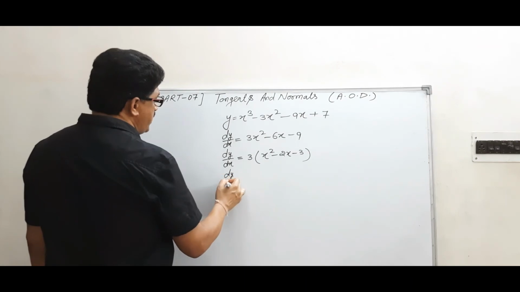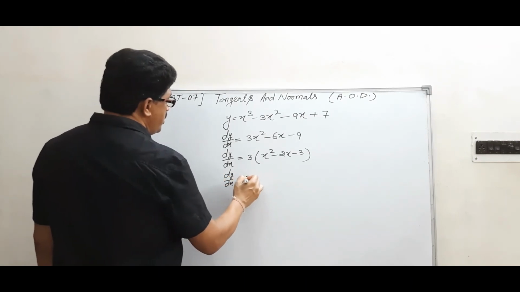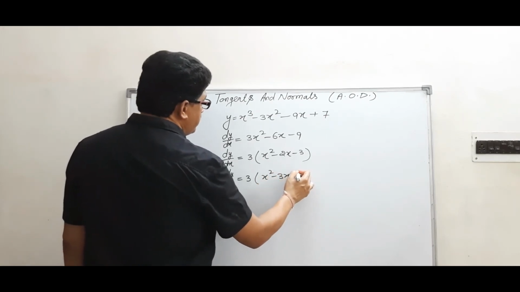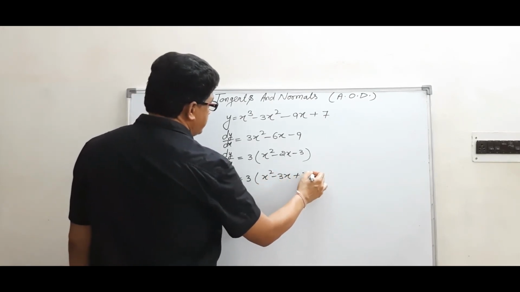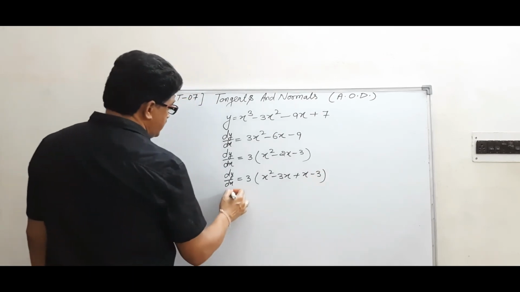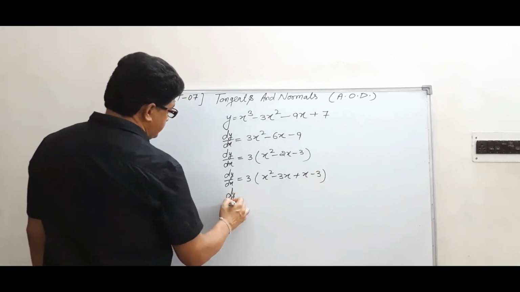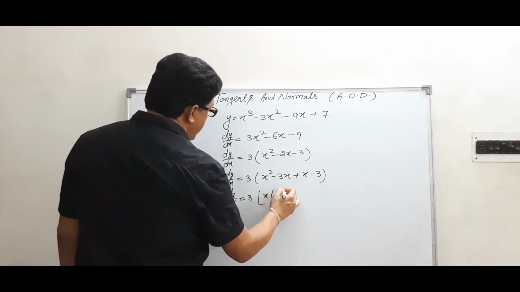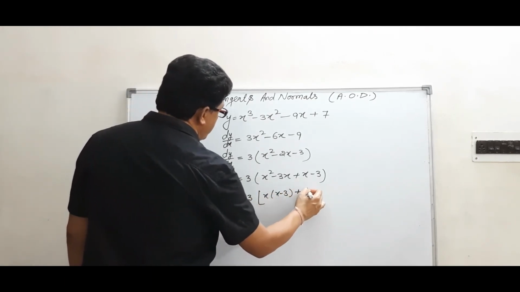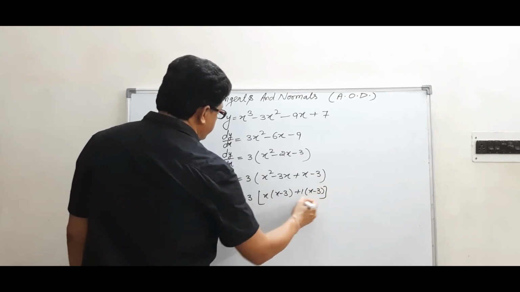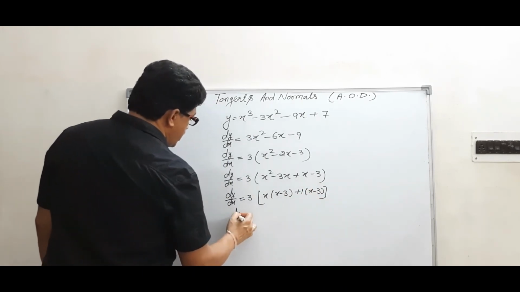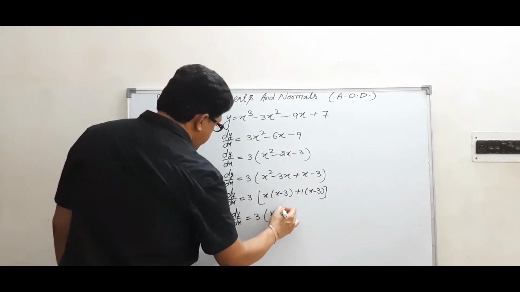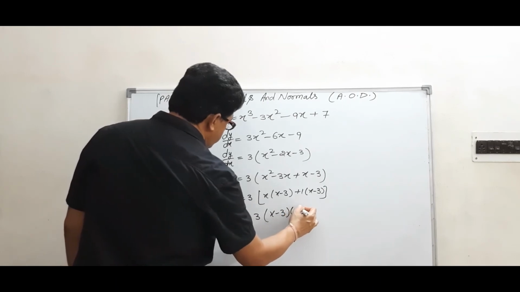So dy by dx is 3 into x square minus 3x plus x minus 3, which is 3 into x minus 3 into x plus 1.